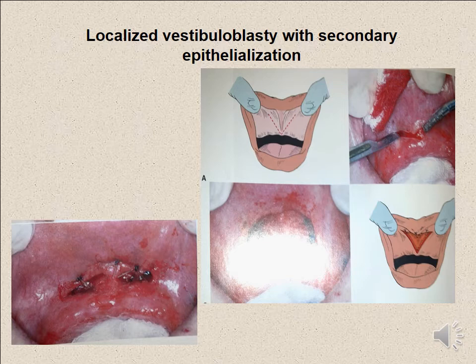We suture the labial side with the end of the surrounding mucosa, put a periodontal pack on the gingival side for 7 days, and then secondary epithelialization forms and returns to normal mucosa, and then we can make a good flange for the anterior side.